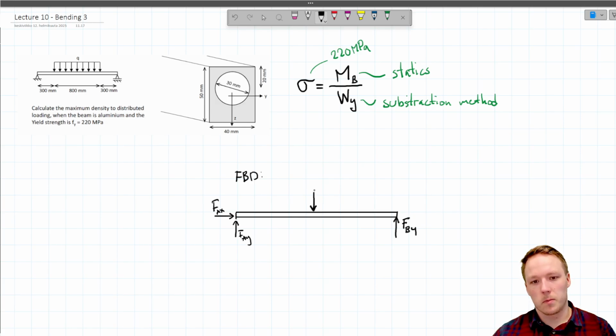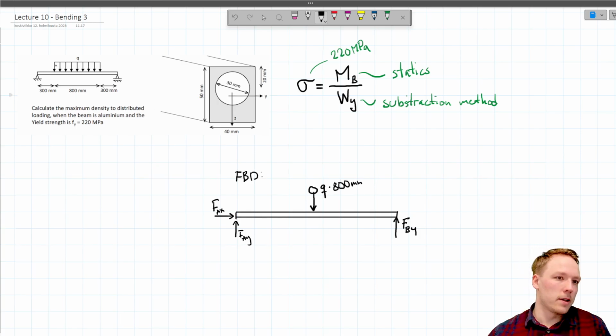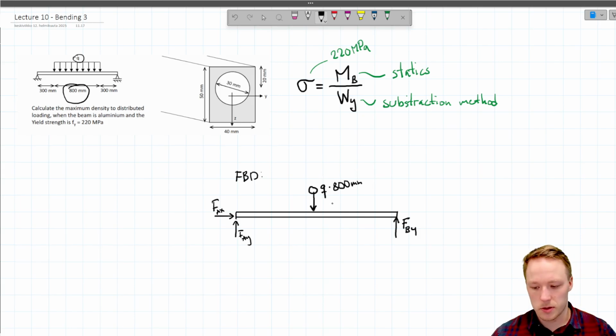You can mark it with this kind of symbol, and this value is Q times 800 millimeters. In the task, the length of this distributed loading is 800 millimeters, and the density is Q, so the value for this distributed loading as a point load is Q times 800 millimeters.